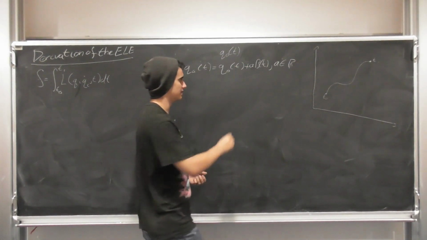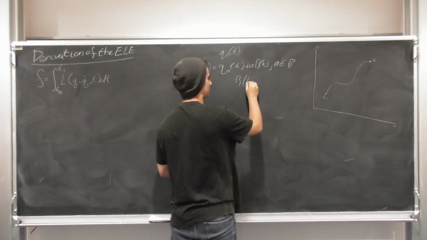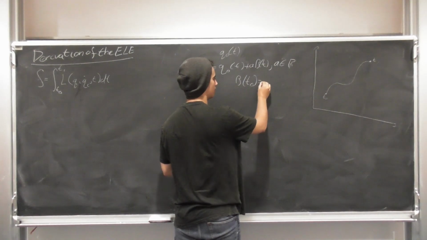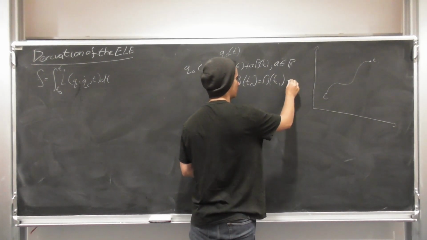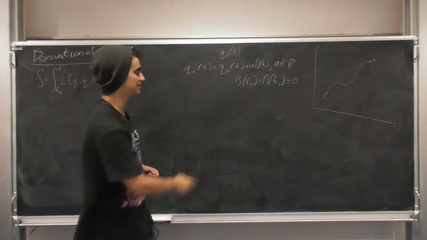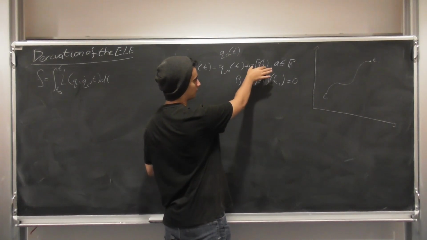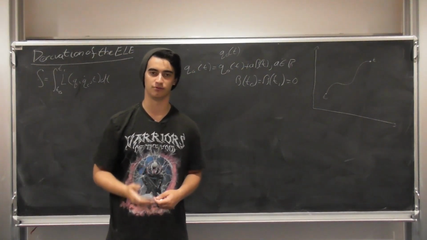So this means that beta evaluated at the endpoints, beta of t naught and beta of t1, must equal 0. So this means we're keeping our endpoints fixed, because at t1 and t naught, this part will go to 0, and we're just left with q naught of t naught or t1.